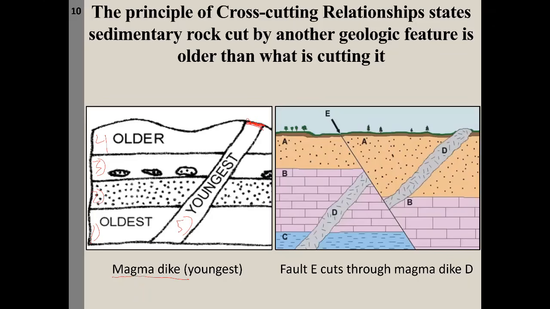Where it ends, where the cross-cutting feature stops, is its age. So that means that youngest here, okay, it's at the surface. Okay, so it's younger than everything because that's where it ends. If there was another rock here, let's just make it up and say that there was. Let's say that there's number 5, right?